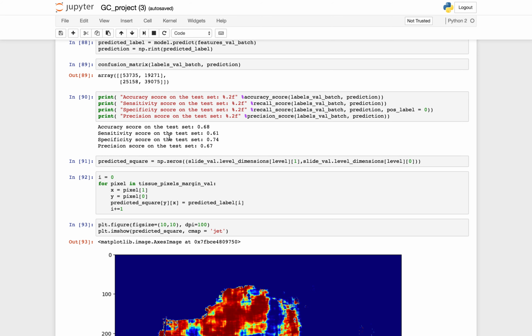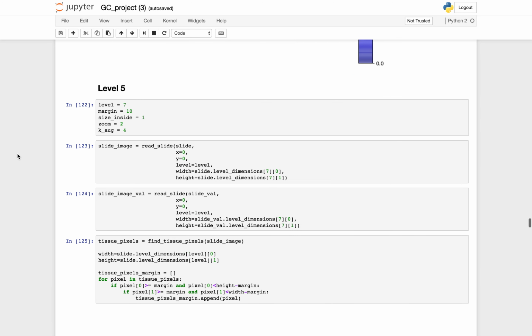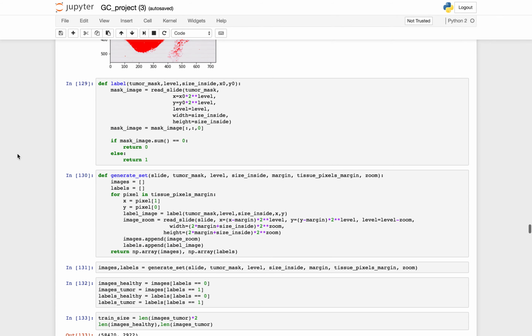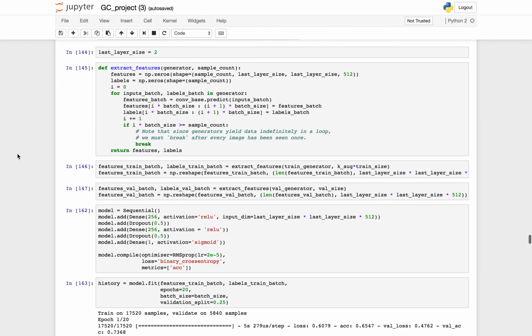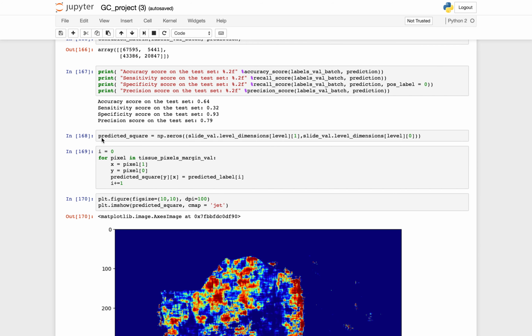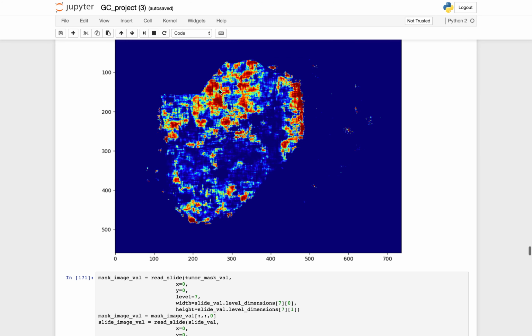So specificity is increasing as we're zooming in, and this is even more obvious in the next step. I'm zooming in once more, and wow, we get a specificity that is super high. But this comes at the cost of the fact we don't really recognize tumor cells very well anymore.